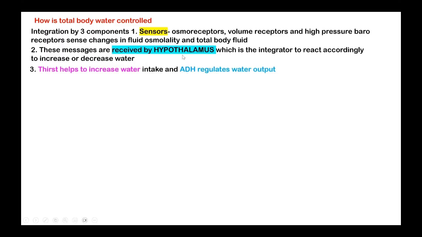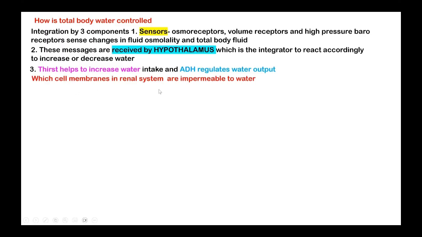But if you have excess water, ADH release will be stopped so that you will have more diuresis because it is an anti-diuretic hormone. Okay? So these are the three important things. There's a sensor which sends a message to the hypothalamus, and the hypothalamus acts by increasing your thirst or adjusting your ADH level. This is how the entire body water is controlled.